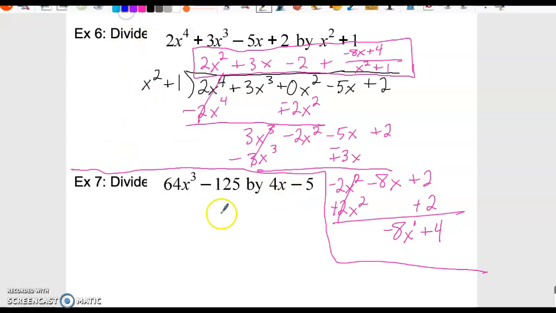But as a reminder, for those that are familiar with difference of cubes, we have 4x being cubed to get this thing, and then 5 cubed gives us this thing.